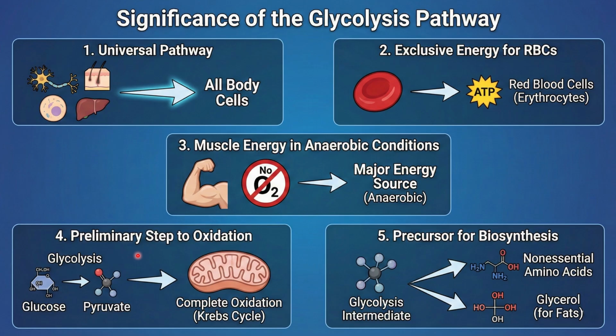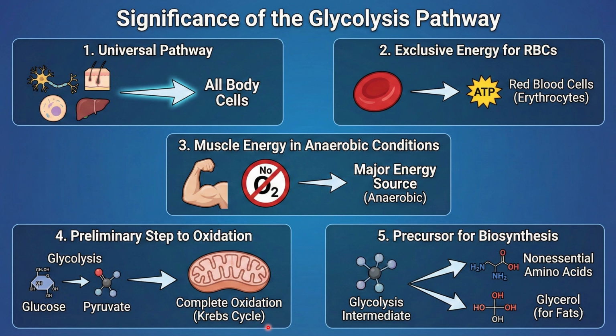Then, since it is the first step in the oxidation of the glucose, the complete oxidation of glucose is said to occur when it completes the Krebs cycle, the TCA cycle. So before this, the pyruvate gets converted into acetyl-CoA and carbon dioxide. We have already discussed that in the presence of the enzyme pyruvate dehydrogenase.